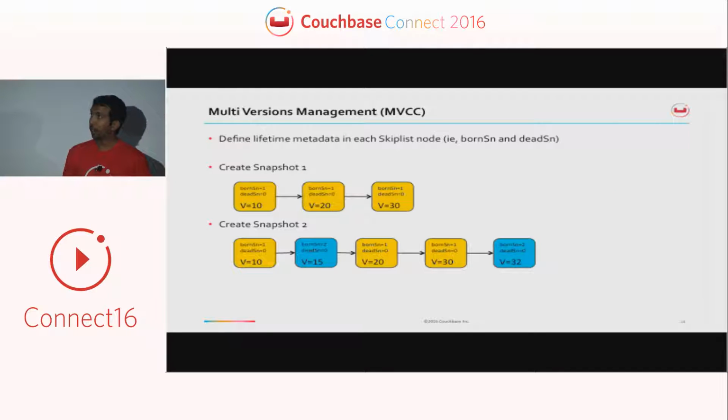Now let's take a look at how the MVCC layer is implemented. For implementing the snapshots, we define lifetime metadata in each of the skip list nodes. The lifetime metadata consists of two integers, which we call born snapshot number and dead snapshot number.